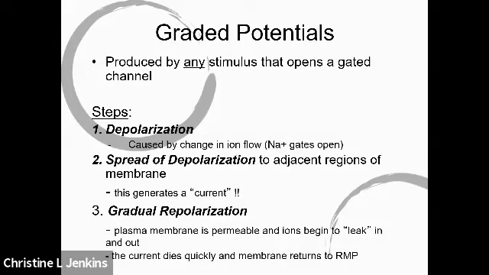So we went from -70 on the inside to +10. How many millivolts changes that from -70 to +10? 80: -70, -60, -50, -40. So in an instant, we have an 80 millivolt spark.